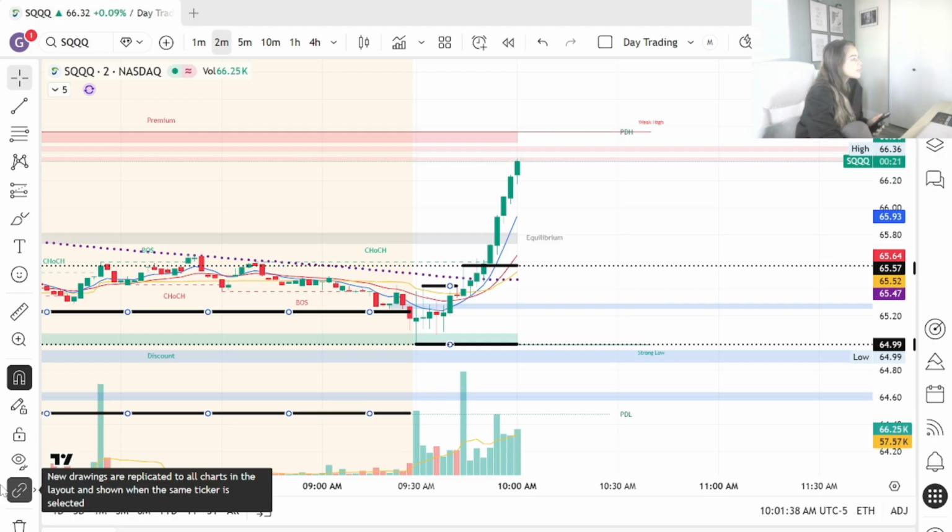Continues to sell off the NASDAQ. 32. 36. NASDAQ is still selling off.